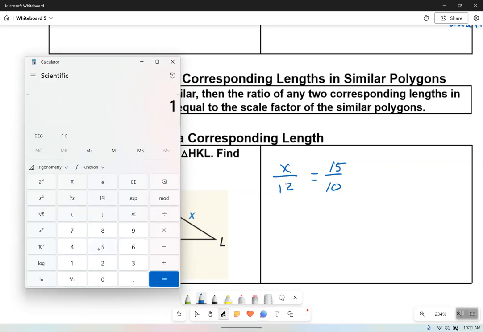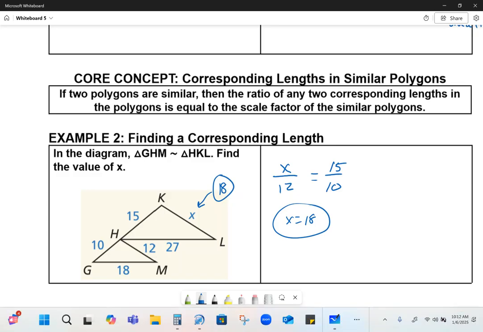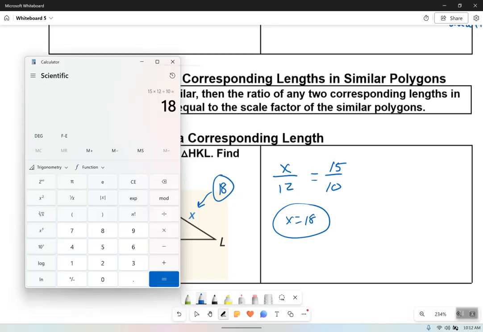Okay, so let me do that. 15 times 12, cross multiply right there, and then divide by the part that's opposite or diagonal of the variable, x, so we'll divide by. What's that distance, kids? Okay, there it is, 18. Guys, think about this, and you'll know you're right. Guys, what's the 15 correspond to?